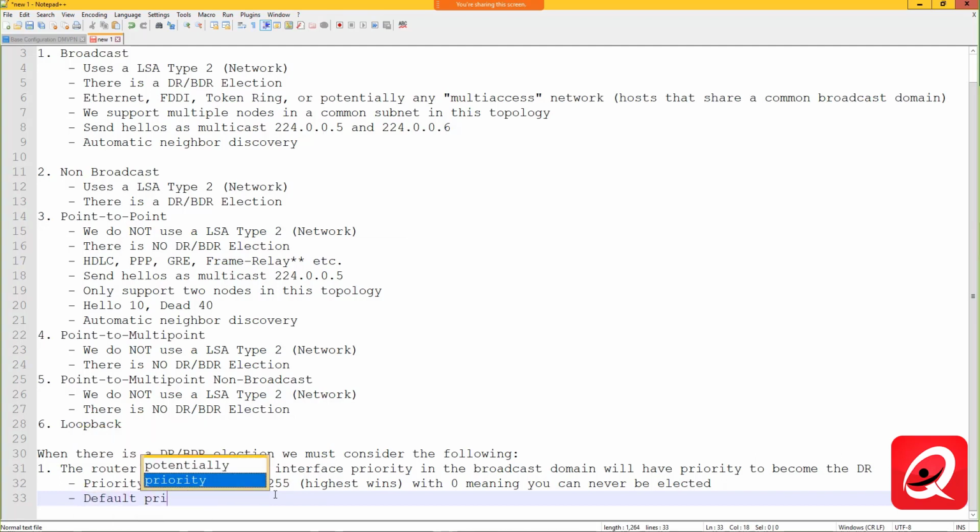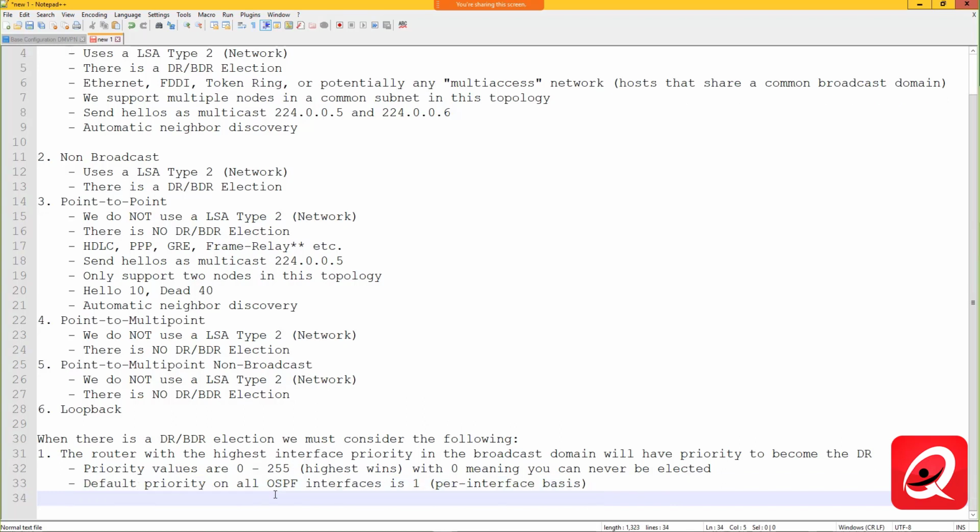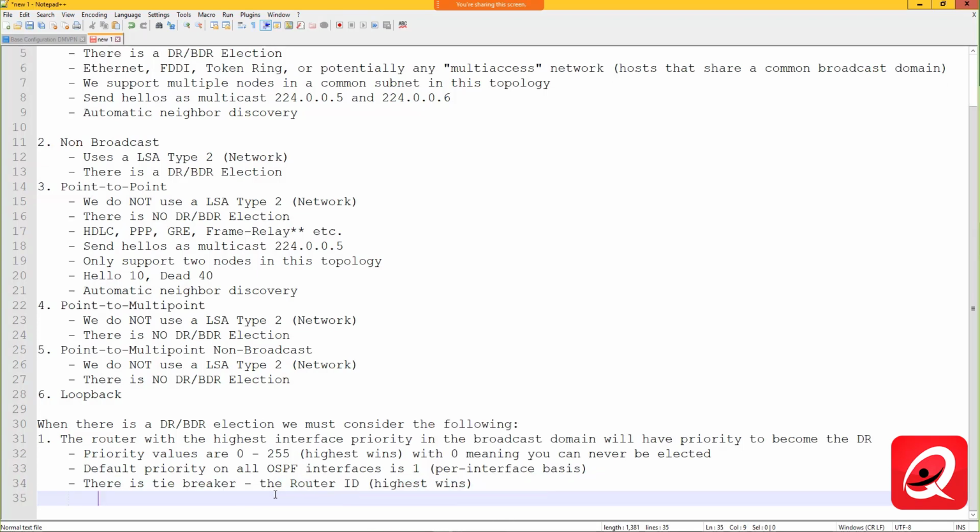The default priority on all OSPF interfaces is 1. And this is configured on a per interface basis. All right? So there has to be a tiebreaker. And that tiebreaker is the router ID. Highest wins.